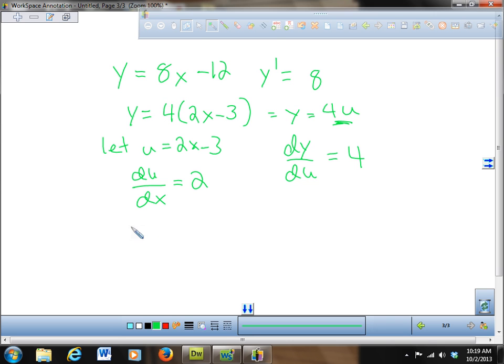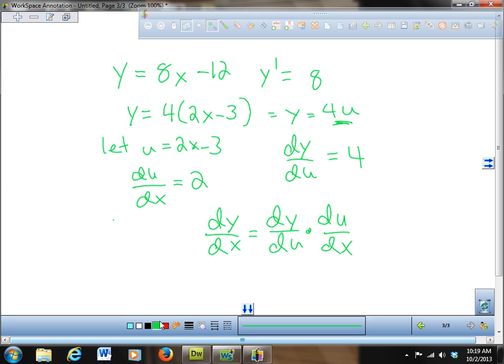So what the chain rule says is dy/dx is equal to dy/du times du/dx.